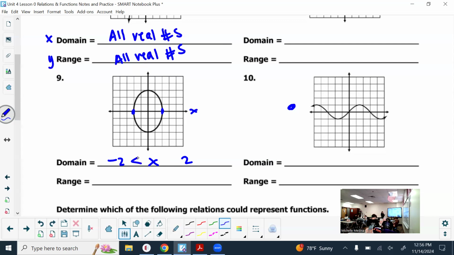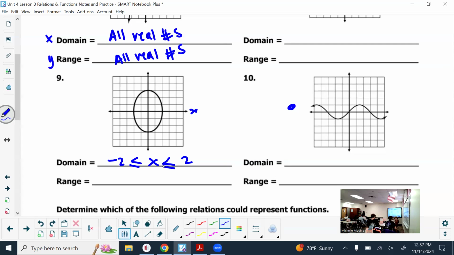So the opening should face the x. All of the x's on this circle are all smaller than the +2. And they do touch the 2 and the -2, so I should also put the little lines underneath. That makes sense? And if you always set it up like this, the openings will always be this way. Okay.